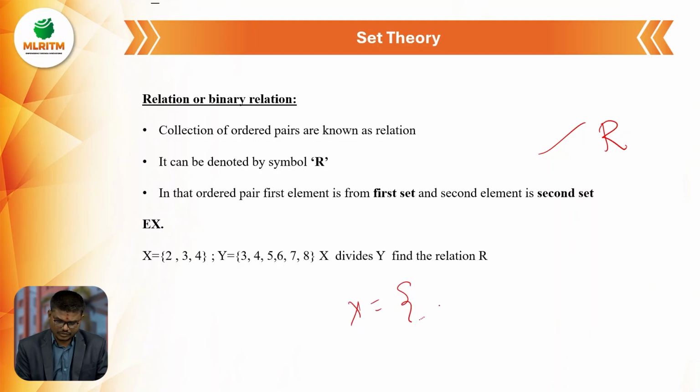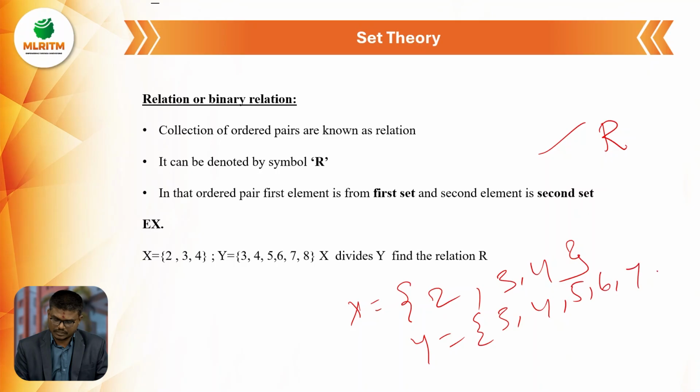X equals 2, 3, 4 and Y equals 3, 4, 5, 6, 7, 8. These are the two sets and the given condition is x divides y.